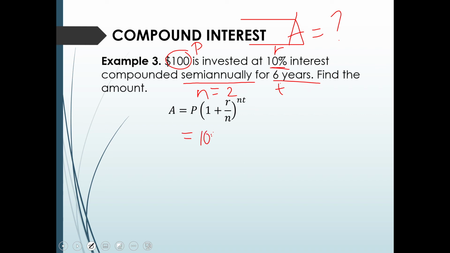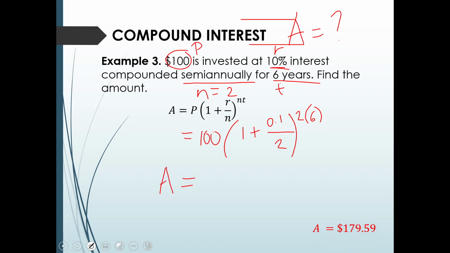So 100 times 1 plus 10% divided by 100, 0.1, over N, semi-annually 2, times 6. So put it in the calculator. So the amount of money after 6 years will be $179.59.